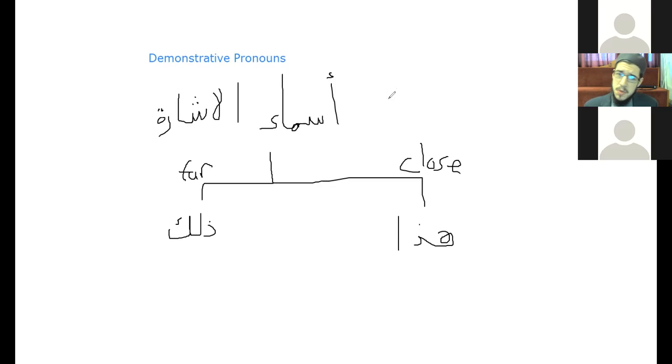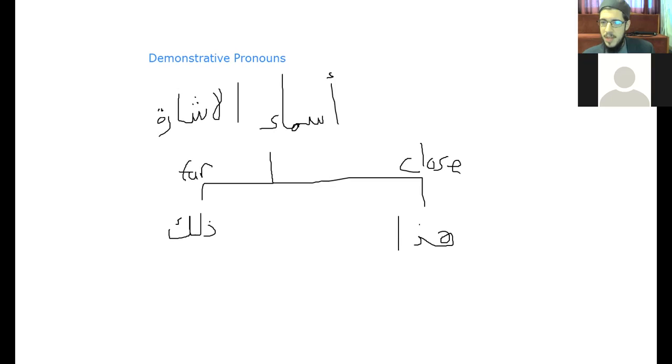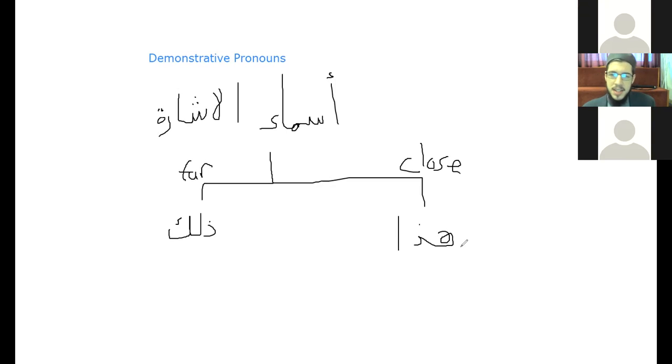Why does Allah use a demonstrative pronoun that indicates something far away when we have the Quran right in front of us and it's actually quite close? Any ideas? I hinted at it earlier.